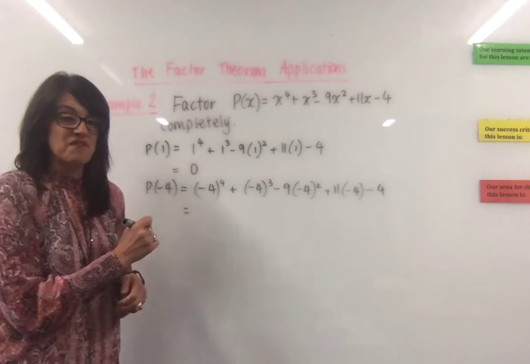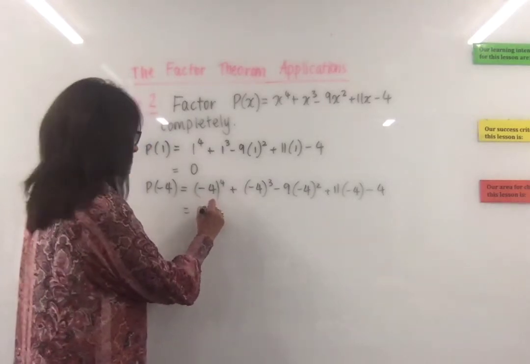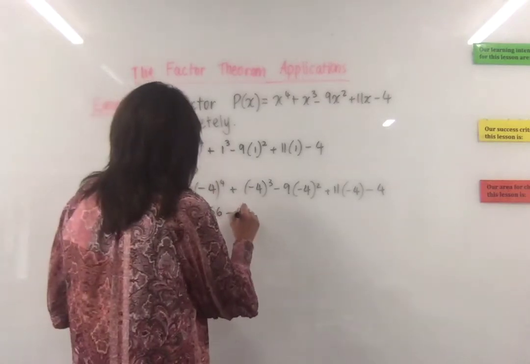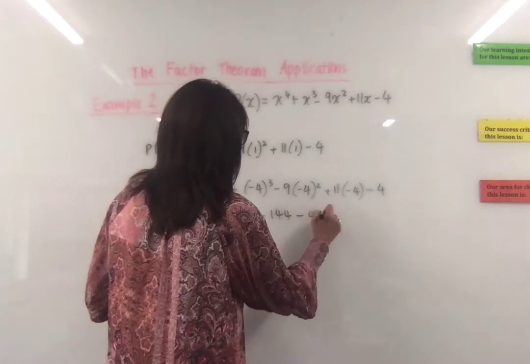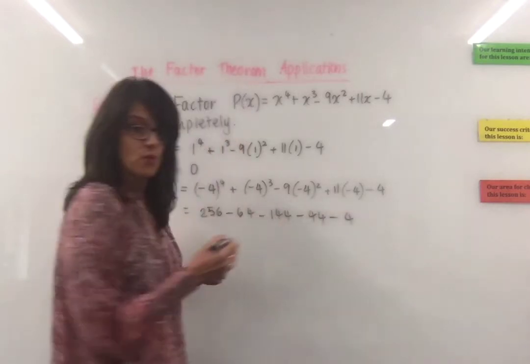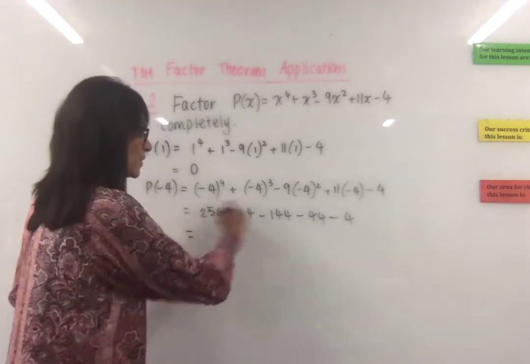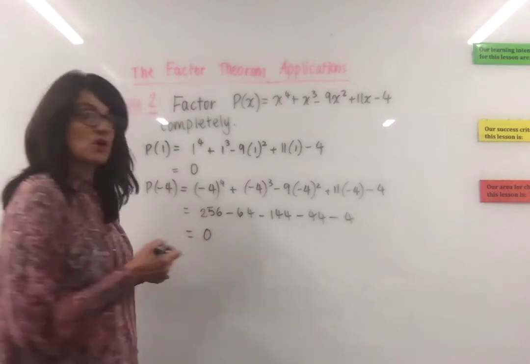Okay, and simplify that. So we end up with 256 minus 64 minus 144 minus 44 minus 4. Okay, and when we do the calculation for this, we end up with a result of 0.